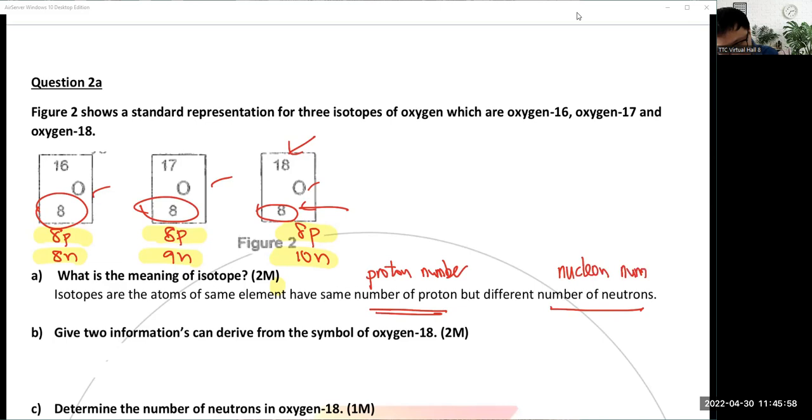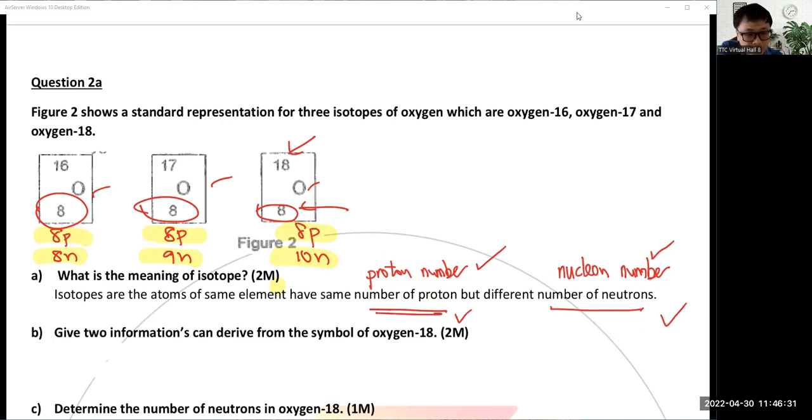Remember, you either write same proton number, different neutron number, or same number of protons, different number of neutrons. You cannot write same proton number, different number of neutrons, then it's not accepted. It's either these two pairs or these two pairs.